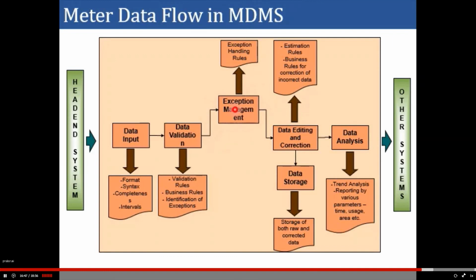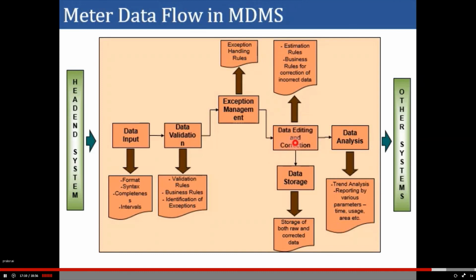Then it does the exception management, through various exception handling rules. Then data editing and correction. If there is a problem in the data and it needs to be corrected, then based on various estimation rules or business rules, the data editing and correction happens.